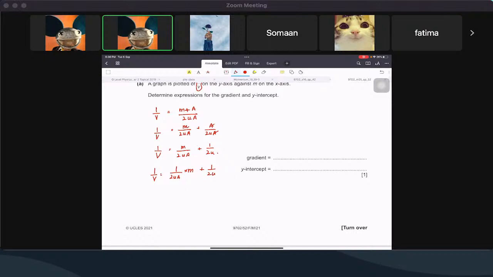Now you can compare this equation with y equals mx plus c, and if you look at it, 1 upon v is y, right? m is on the x-axis, which means the gradient has to be 1 upon 2ua, and the y-intercept has to be 1 upon 2u. So we're going to write it like this. As simple as that, right? Is it clear?